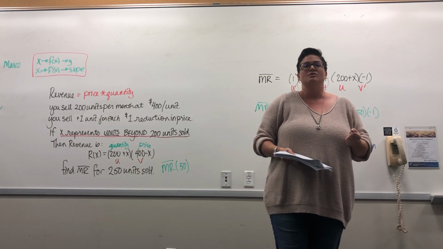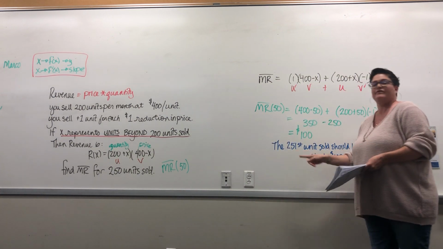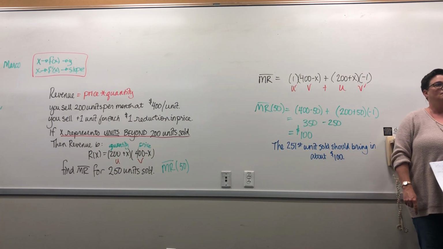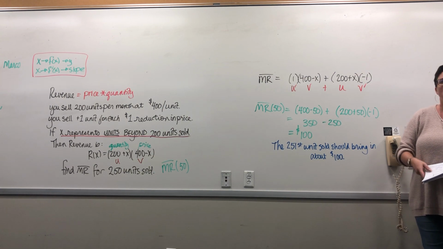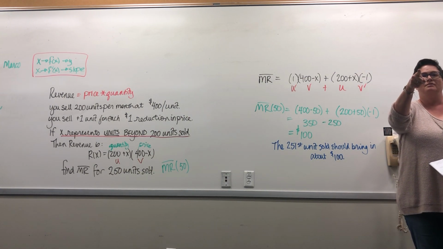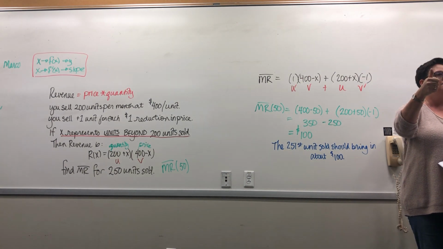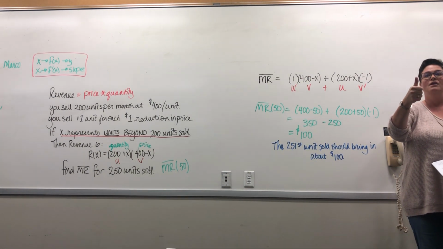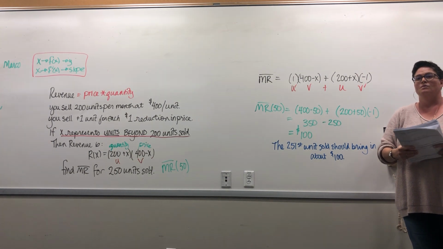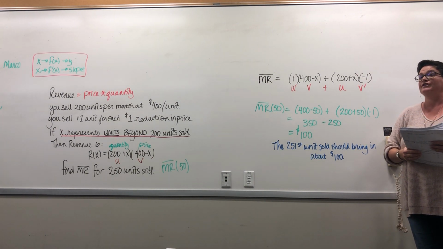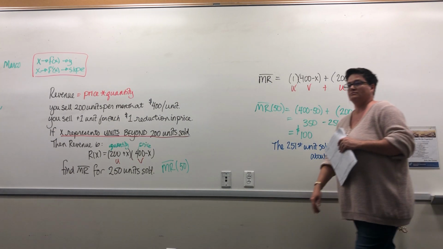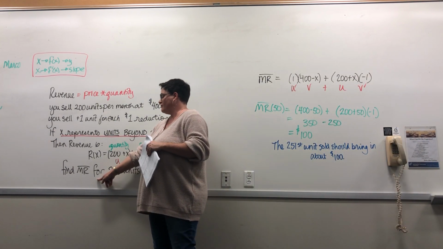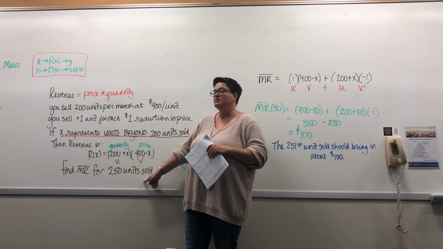Okay? So is everyone cool with why it says 251st? No. Okay. Adam. Where did I get 250 from, first of all? From the 50 units. From the statement of what I want you to find, right?